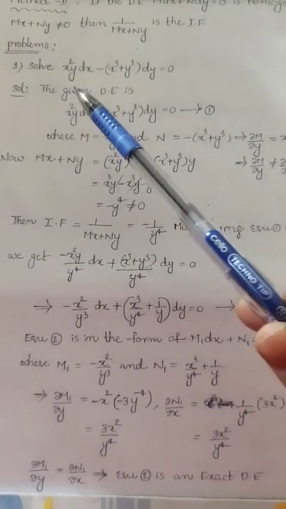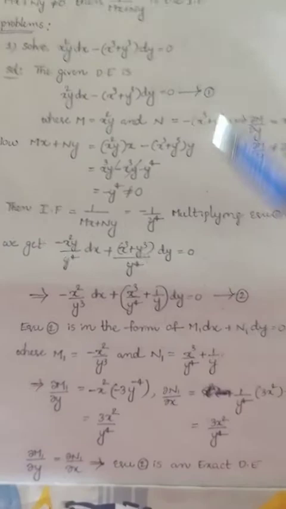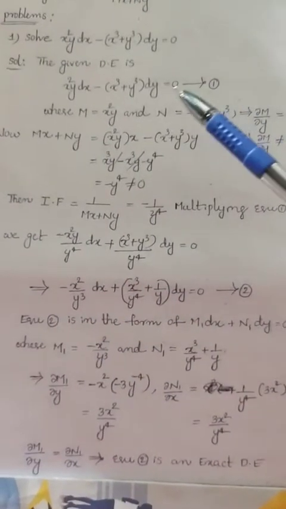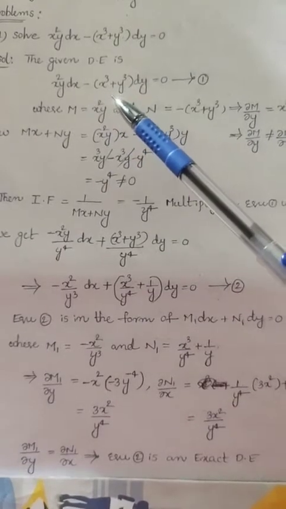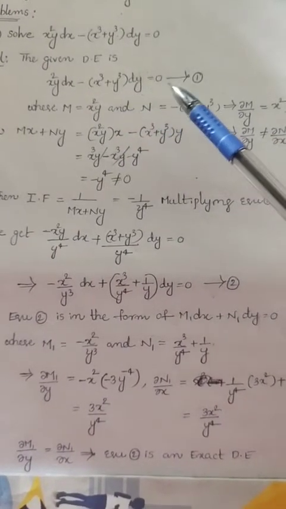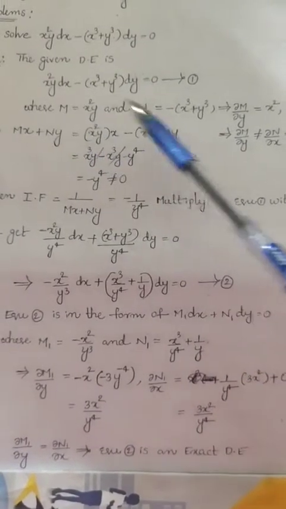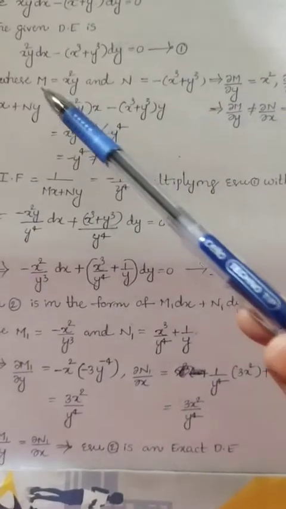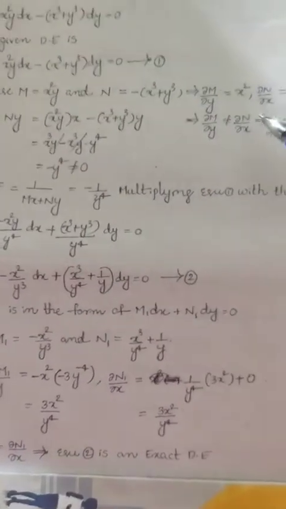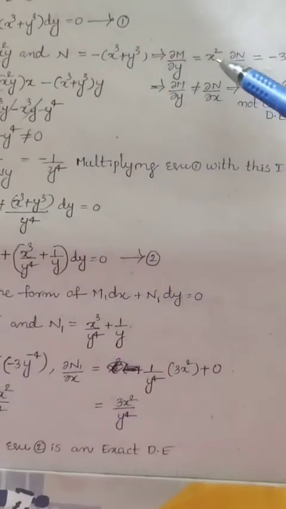First problem: x square y dx minus (x cube plus y cube) dy equal to 0. Solution: the given differential equation is x square y dx minus (x cube plus y cube) dy equal to 0. This is equation number 1. Here M equal to x square y and N equal to minus (x cube plus y cube). Here dou M by dou y, differentiating with respect to y, is x square.